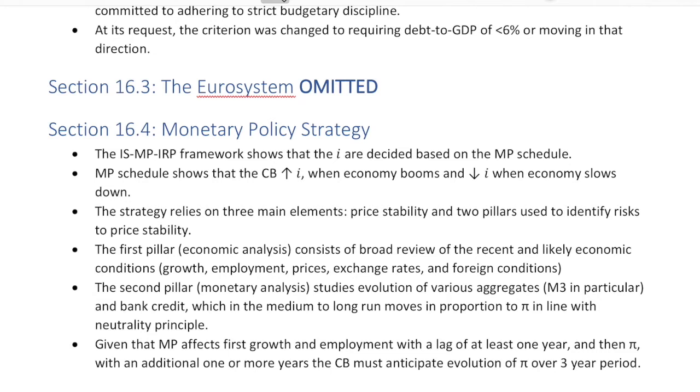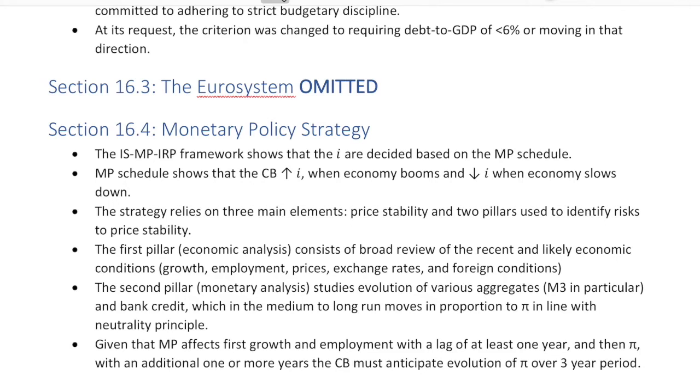Section 16.4 talks about the monetary policy strategy, and this is a pretty standard strategy that all big central banks of democratic societies follow. So we saw from the MP-IRP framework that interest rates are basically decided based on the monetary policy schedule, or the upward sloping monetary policy curve.